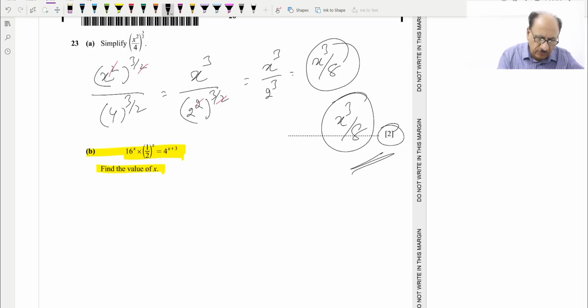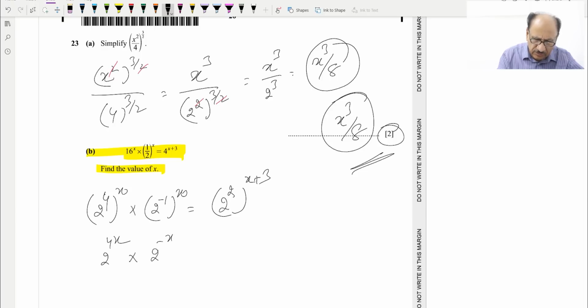To find the value of x, 16 we can write as 2 raised to the power 4, and whole raised to the power x, and 1/2 we can write as 2 raised to minus 1, raised to the power x, is equal to 4 we can write as 2 raised to 2, and whole raised to x plus 3. Now we can rewrite as 2 raised to 4x and into 2 raised to minus x is equal to 2 raised to the power 2x plus 6.